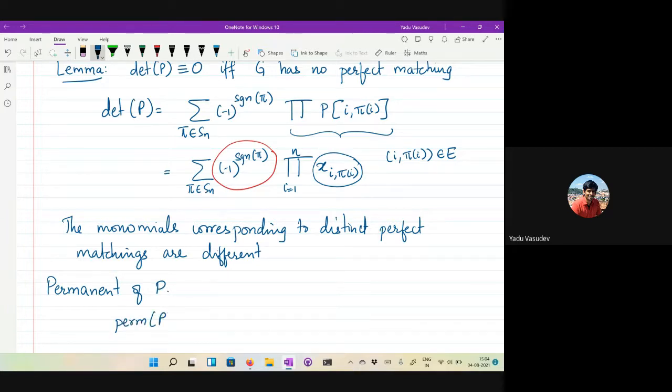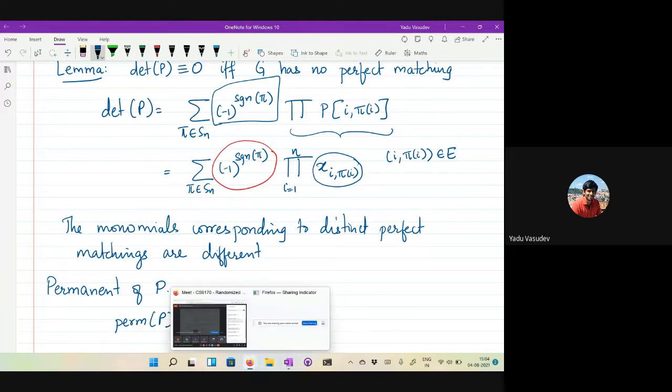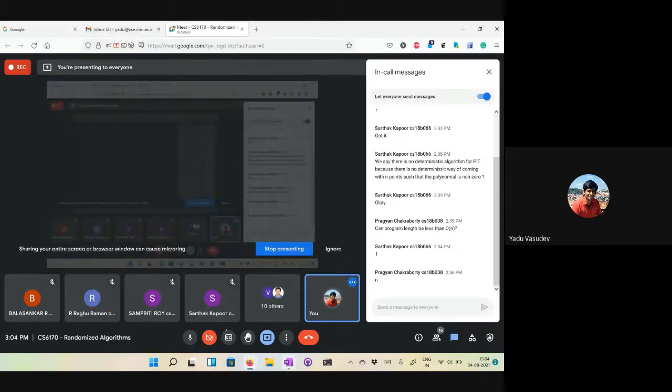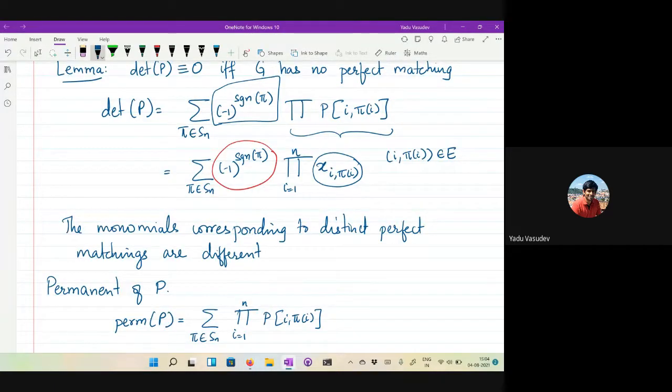It's very similar to the determinant, except that the sign term will be missing. Okay, so the permanent of P is the summation over pi in Sn of the product of P_{i,pi(i)}, where i goes from 1 to n, right? So there is no term related to the sign of the permutation. It's just the sum. Okay.